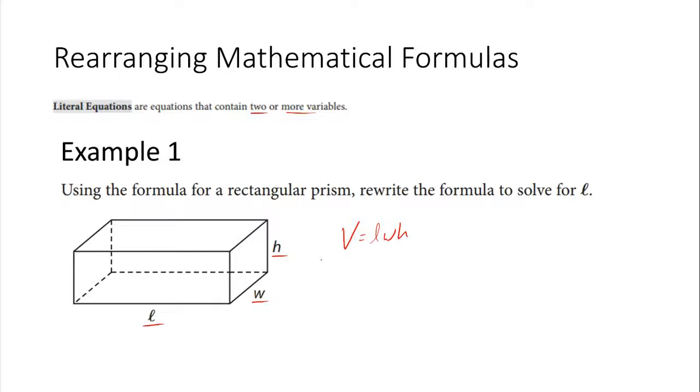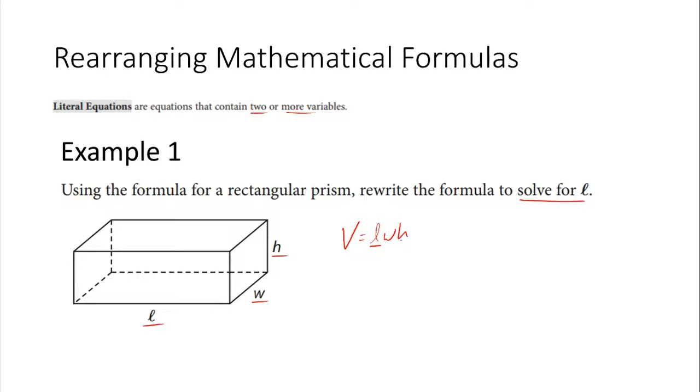Now, rearranging means that we're going to basically get a certain letter isolated or all by itself on one of our sides. In this situation, we're going to solve for L, our length. Notice how L is really multiplying with the W and H, and vice versa. So, what is the opposite of multiplying?